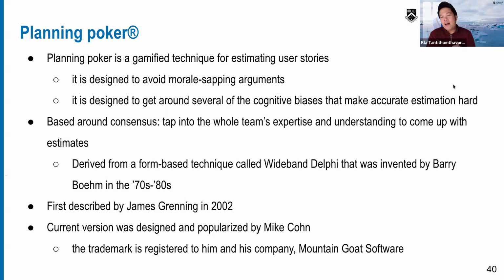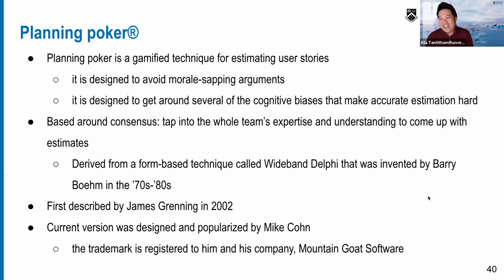So one of the reasons for using planning poker is to help the team find a consensus for a given user story. Basically, it is a gamified technique for estimating user stories. It is designed to avoid the morale-sapping arguments. Don't fight within the team. Just estimate the user story points. Why do you need to fight so badly?